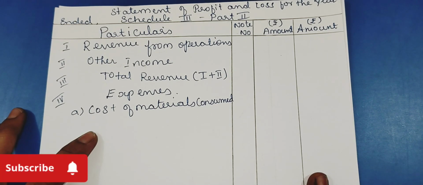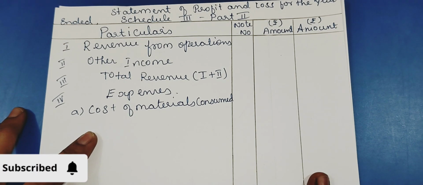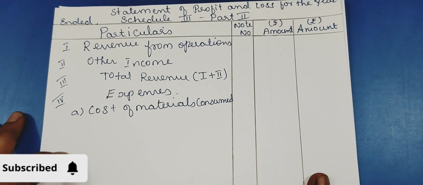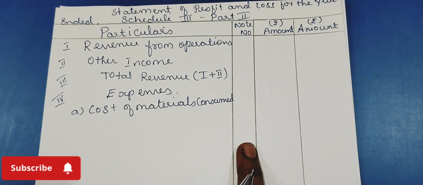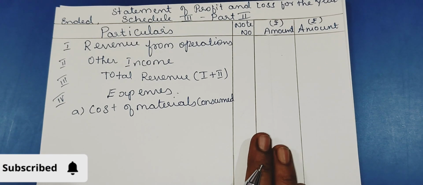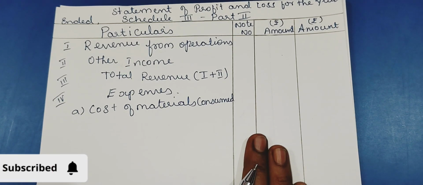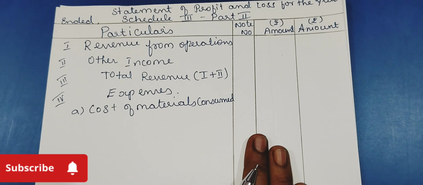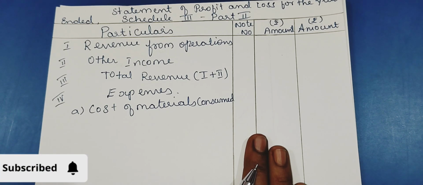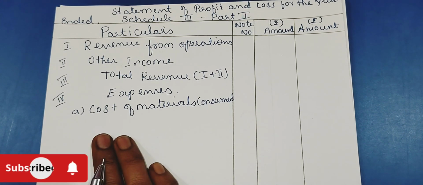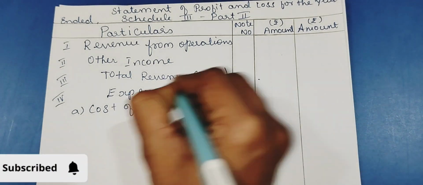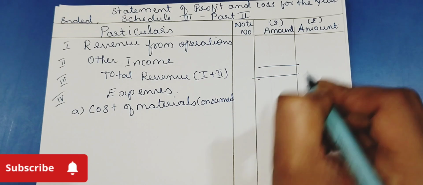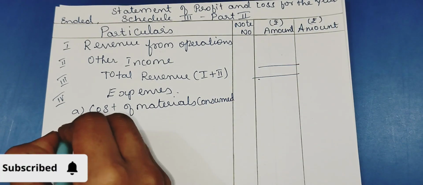So here we are taking opening inventory plus net purchases minus closing stock. So that will be our cost of material consumed. And for purchases we are taking net purchases. Net purchases means after deducting the purchase returns we are recording. That is cost of material consumed. Here we are recording total revenue, then cost of material consumed.